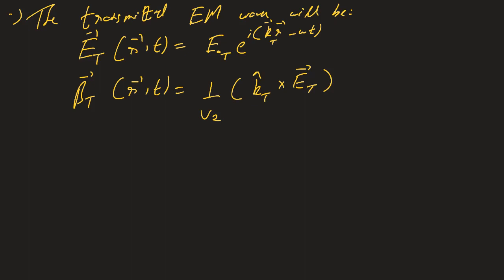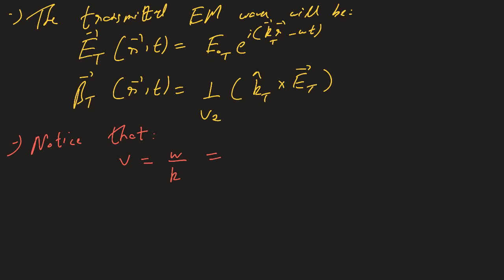Now if that's alright, then I want you to notice that we have our three expressions for the electric field. Now in material with refractive index n1, as well as the material with refractive index n2, in every case the phase velocity we've seen is equal to omega over k, right?